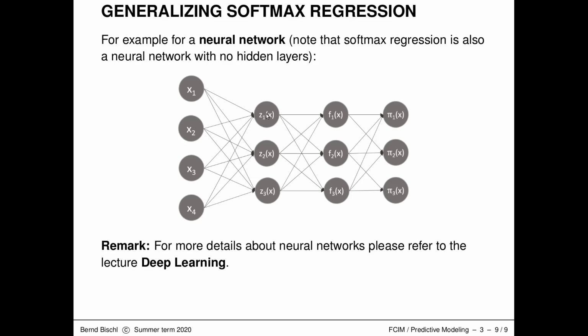And again, I would minimize such a system with respect to that multi-class log loss. And usually in these cases, it's called cross entropy. And why that term is used, I will discuss and explain in the lecture chapter on information theory.